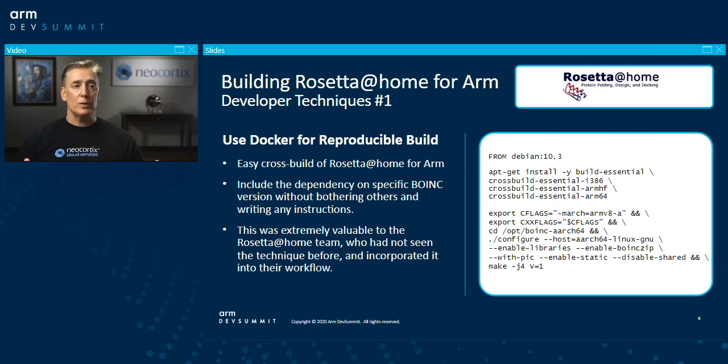So it was only a total of about 2 weeks, and we had Rosetta up and running, publicly available for all these different communities: Neocortex, Raspberry Pi, ARM servers, to be able to access it. So that project was over and done really quite quickly in about 2 weeks.